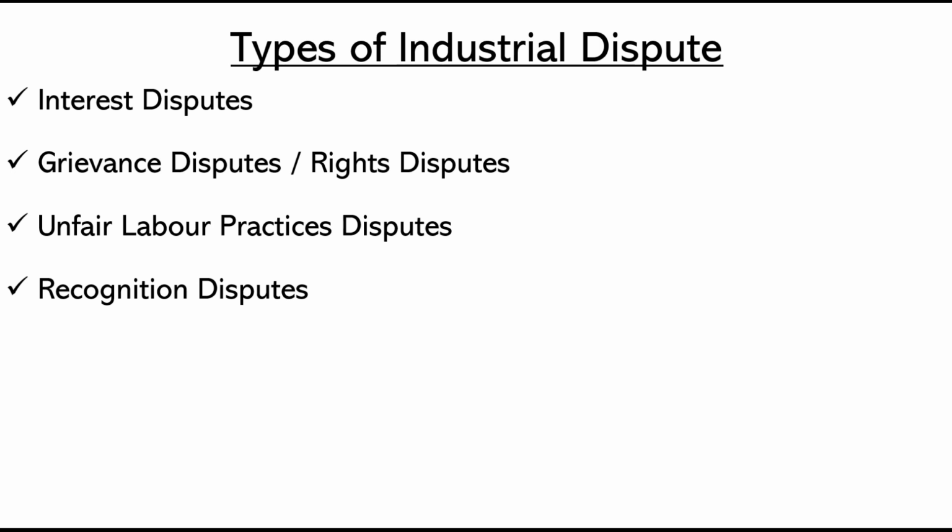So all this can lead to labor disputes. Now, this is mostly settled through conciliation or certain procedures that are laid down under the Industrial Disputes Act. So mostly it is resolved through that.